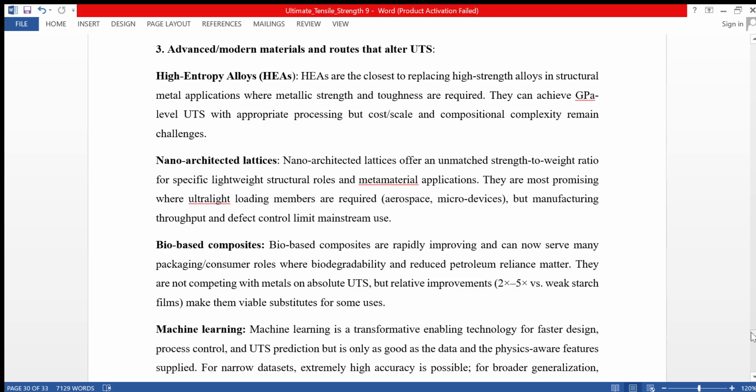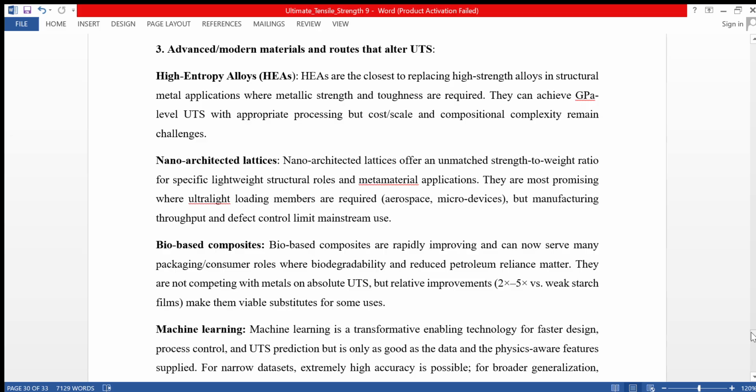Nano-architected lattices offer an unmatched strength-to-weight ratio for specific lightweight structural roles and metamaterial applications. They are most promising where ultra-light load-bearing members are required, but manufacturing throughput and defect control limit mainstream use.